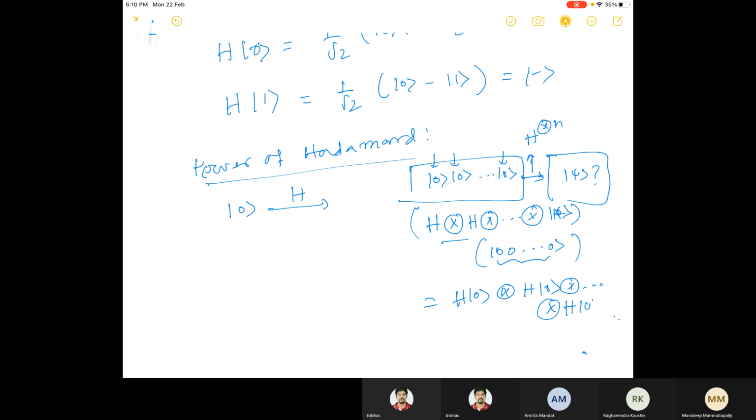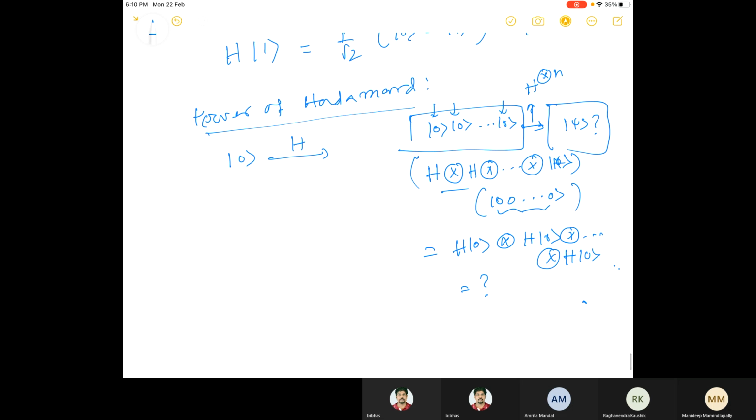My question is, what is the output here? Let us see. If we apply this, then it will be 1 by root 2 times 0 plus 1, and then you keep on doing this for all these qubits which are in the state 0. And then you have this again.